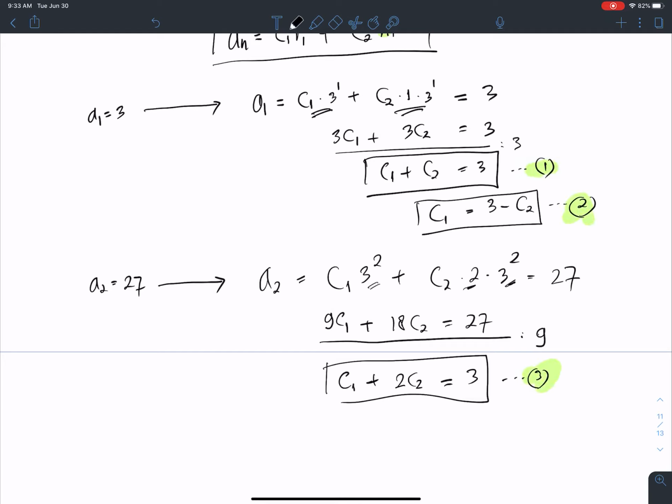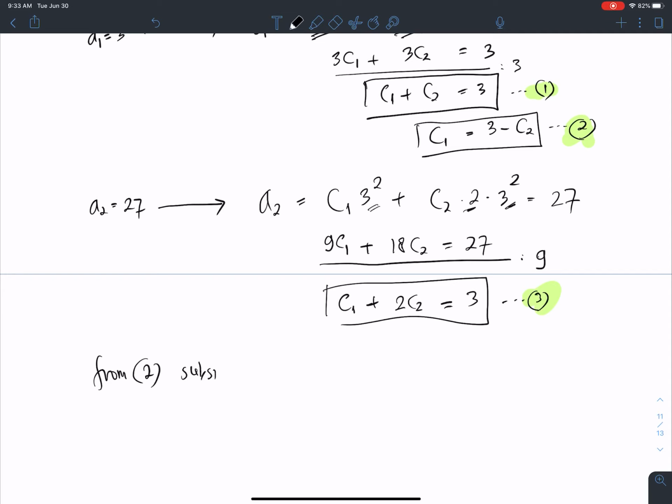So from 2, substitute. Hold on. So yeah, suddenly I forgot how to write it down. Substitute.